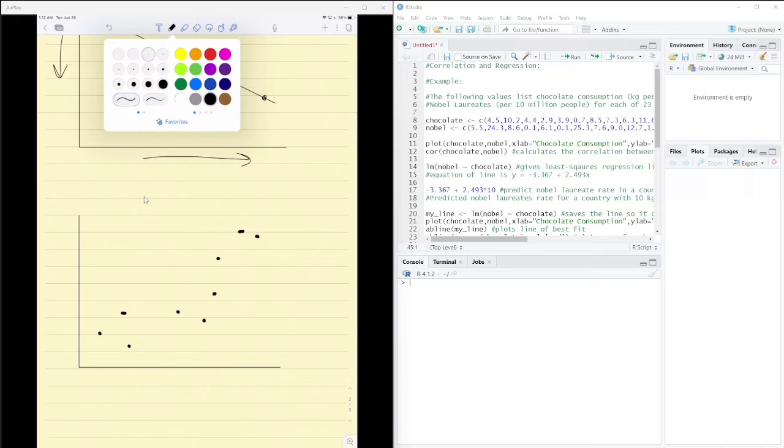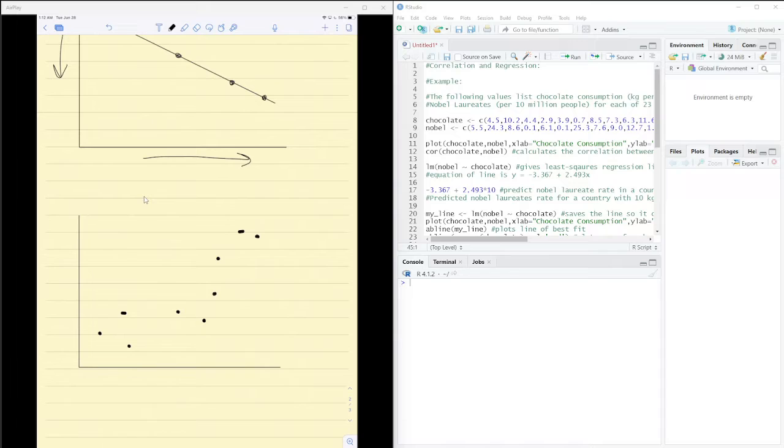So, look at this, for example. All of these points don't lie on the same line, right? We see that. There's no one line we can draw that hits all of those points, right? So, this does not have perfect correlation. We do see a general trend, though, that as this variable increases, this one also increases, right? So that tells you that it's a positive correlation.